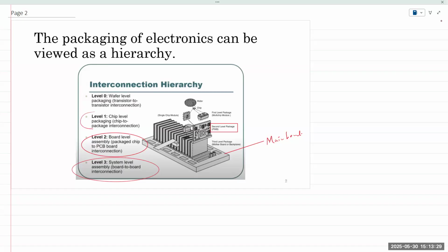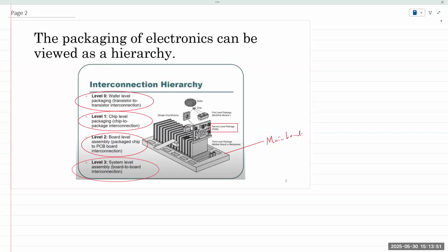Then there is the chip level. The chip level means you're taking microchips, and those fabricated microchips are encapsulated inside an epoxy structure. And that's chip level packaging. And finally, we have wafer level packaging.